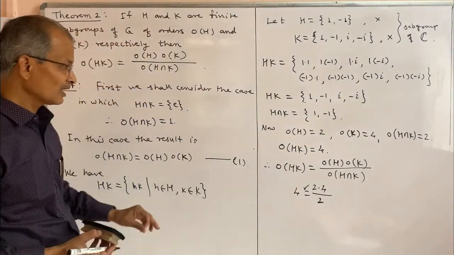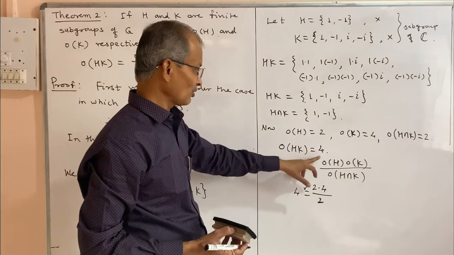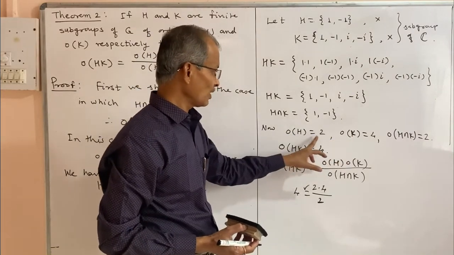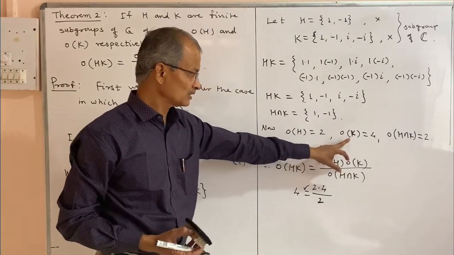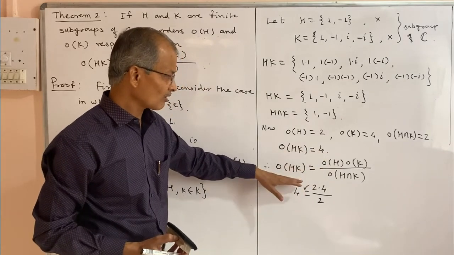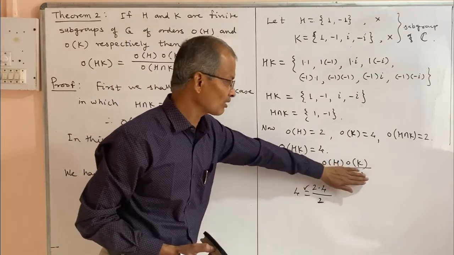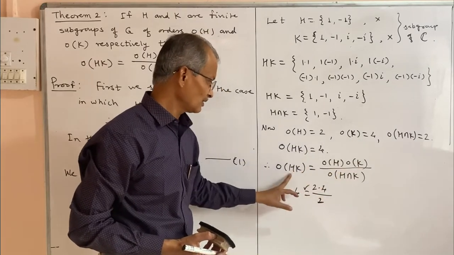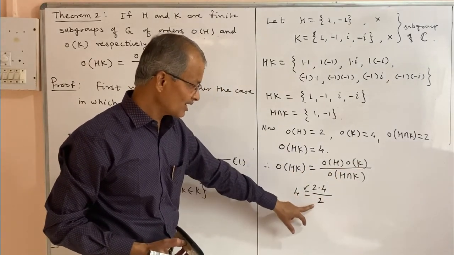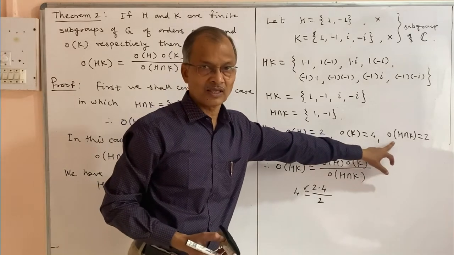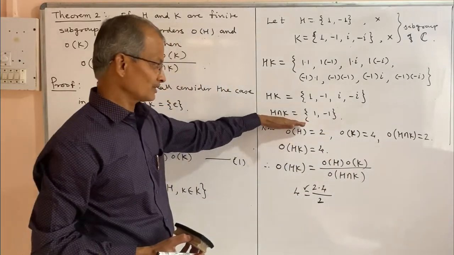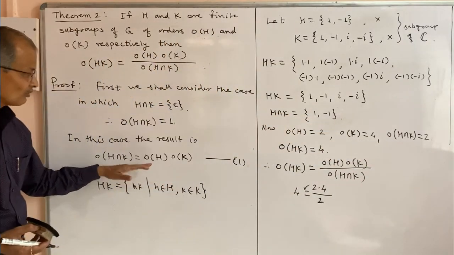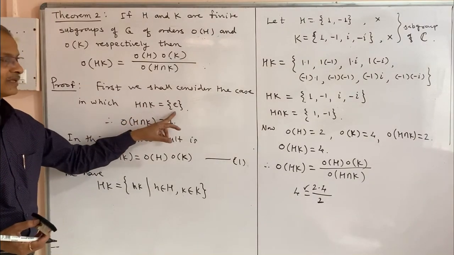Now if you consider the order of HK, it is 4, the order of H is 2, the order of K is 4. So here the order of HK is not equal to just the order of H into the order of K, that is 8, 2 into 4, and this is 4. We have to divide it by the order of H intersection K. Here this is the general case, and in the earlier case the intersection contains only one element.